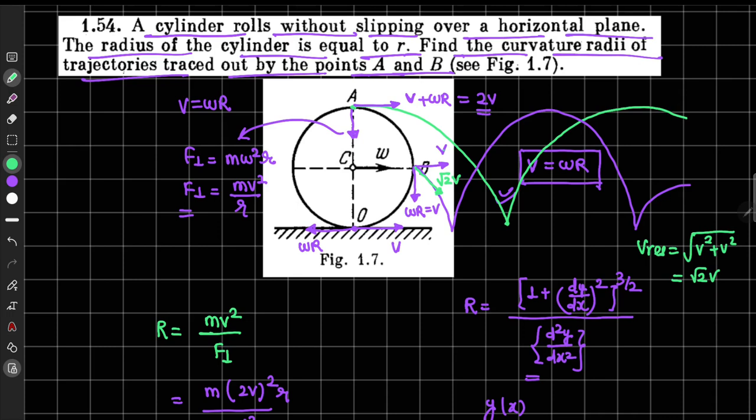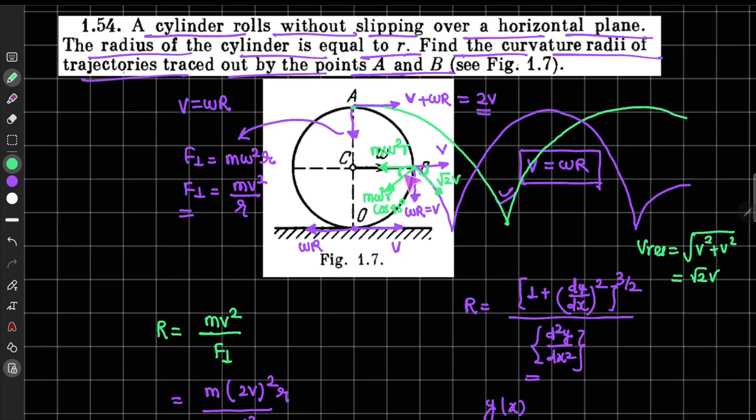Now we have the F perpendicular, so the centripetal force will be in this direction, that will be m omega square r, and if we take the component perpendicular to this velocity, we get m omega square r into cos 45 degrees, because both velocities are the same, so this angle will be 45 degrees.